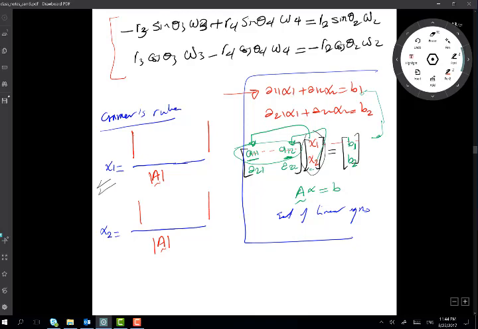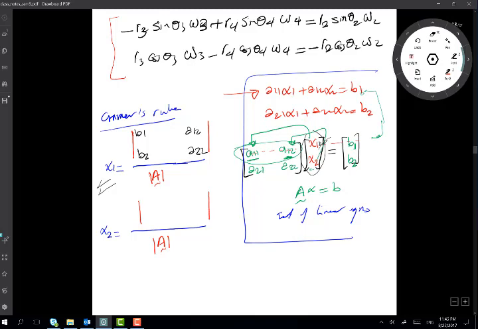So I check which column x1 is multiplied by when I multiply the vector into the matrix. x1, the term at the top, is multiplied by the first column. So this column, I replace it by the column of known values on the right hand side, because I'm trying to find x1. I leave the rest of the matrix as is inside the determinant.